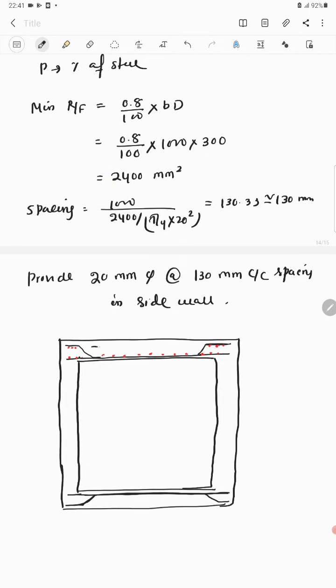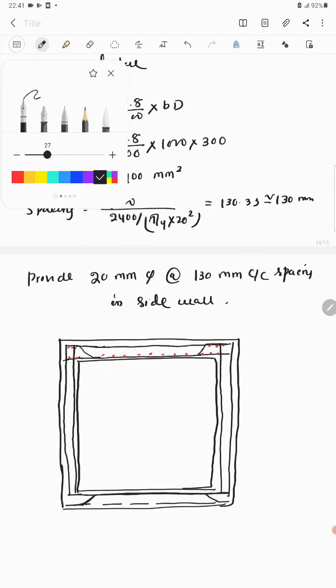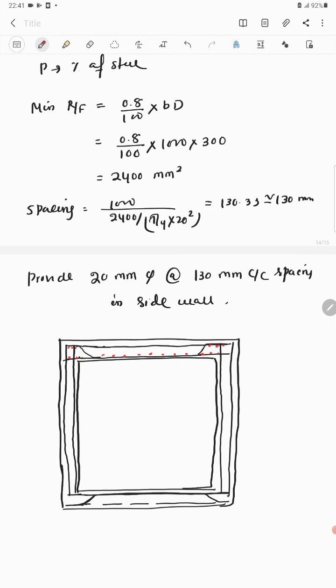We can provide reinforcement here. Similarly this side also. This side also. And these are the distribution bars perpendicular to the main bar.